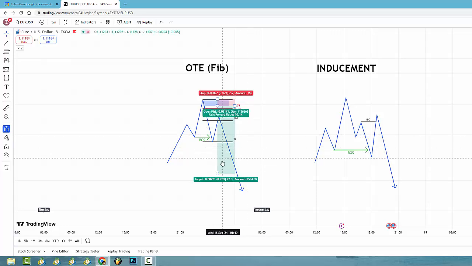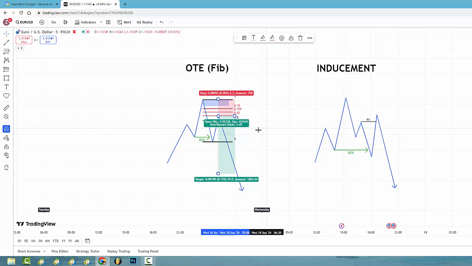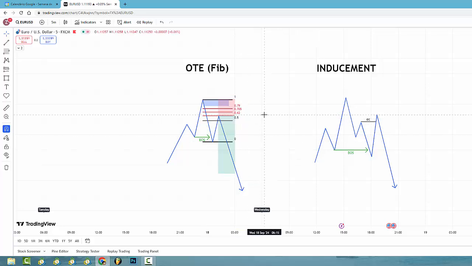Having this big of a risk reward is cool, but most importantly, we want to be in the trade, so we don't want to miss the whole move. So you place yourself right here. That's cool, you're in the move. Sniper entry, meaning that you almost have no drawdown to the trade. Trade just tags you in and goes.